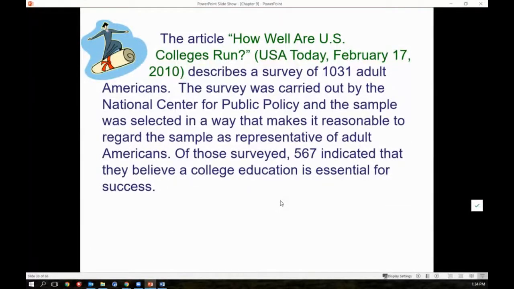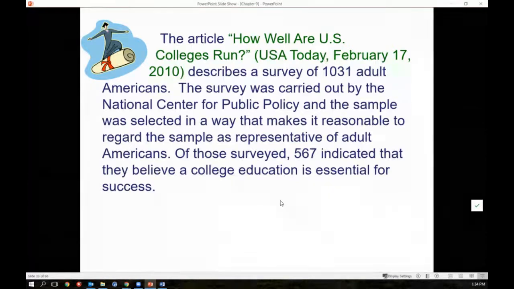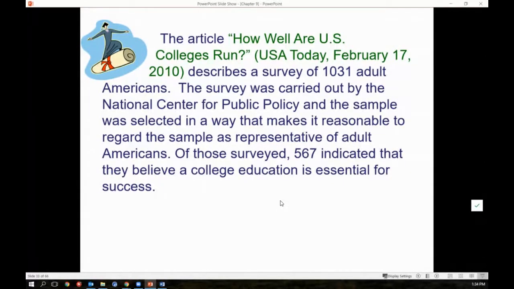Let's look at this next example. This next example is kind of a long one because it talks about 3 different types of confidence intervals, the three most common. So 95, 90, and 99, I believe. Yes. Okay, so the article, How Well Are U.S. Colleges Run, describes a survey of 1,031 adult Americans.